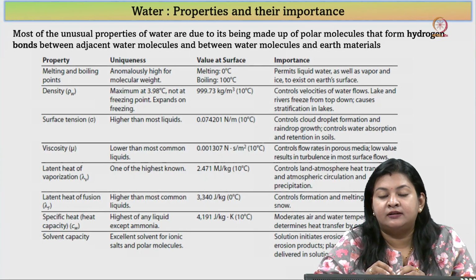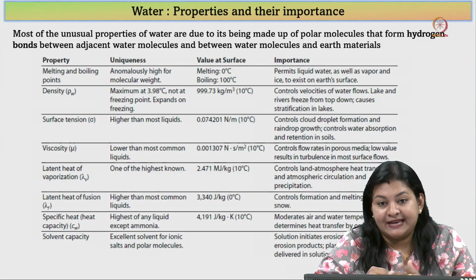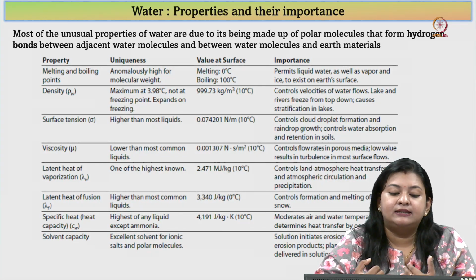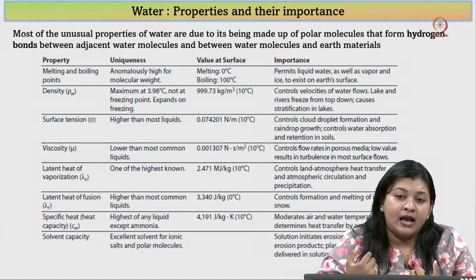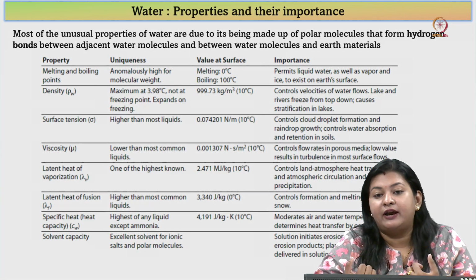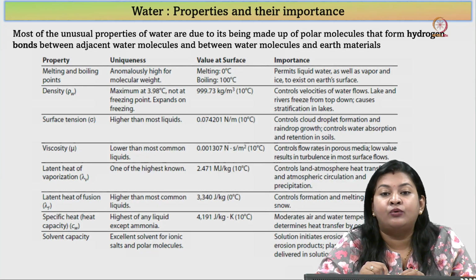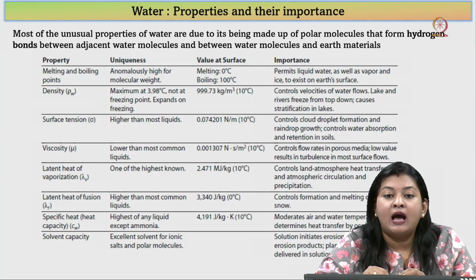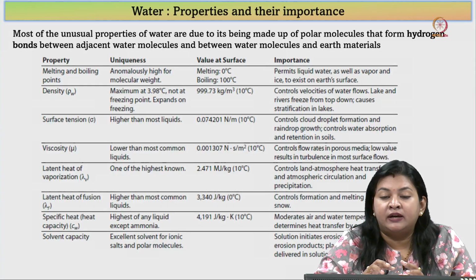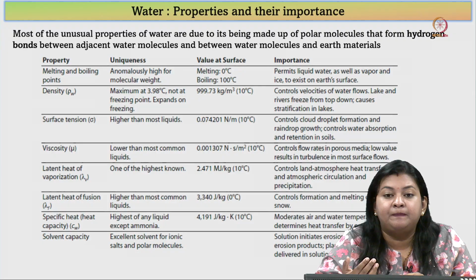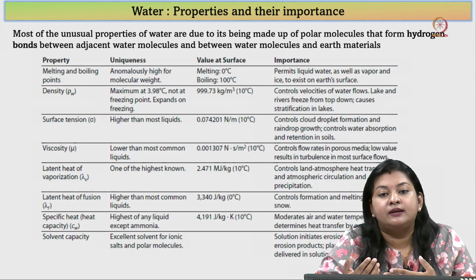So, first it gradually becomes denser, but as you lower the temperature below 3.98, it starts expanding again. How is this important in terms of the hydrological cycle? This controls the velocity of water flows, that means how water flows in different kinds of environments that are subjected to different temperatures. The density of water is very important.